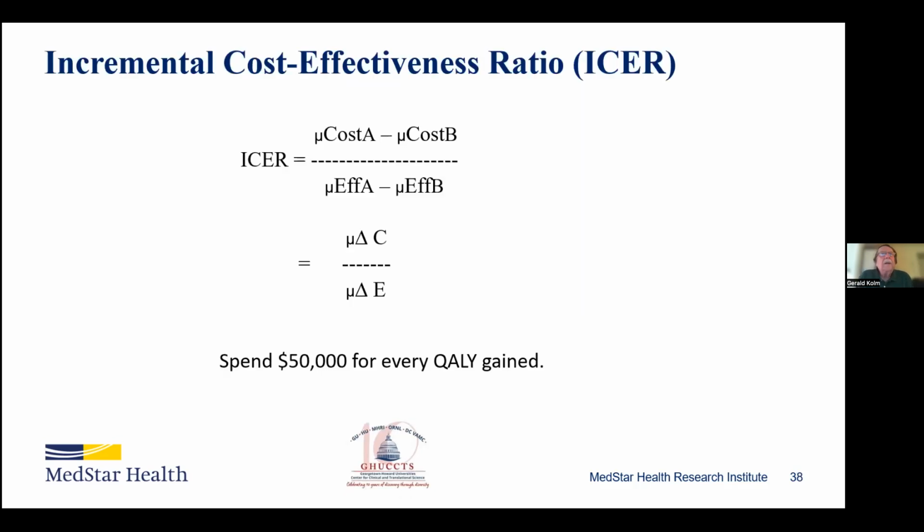Okay, and then the main statistic that we're interested in cost effectiveness studies is what's called the incremental cost effectiveness ratio, or the ICER. And that's basically the difference in cost between the two treatment groups divided by the difference in efficacy between the two groups. And so what this gives us, say if this ratio turned out to be $50,000, what that means then is that for every $50,000 we spend on healthcare, we're going to gain 1 quality adjusted life year.